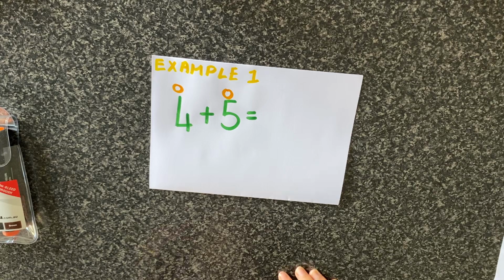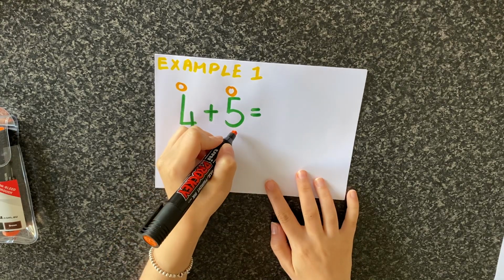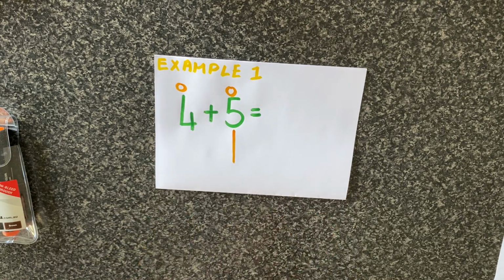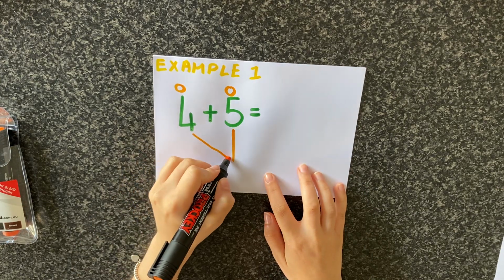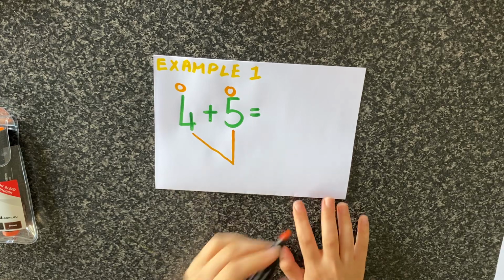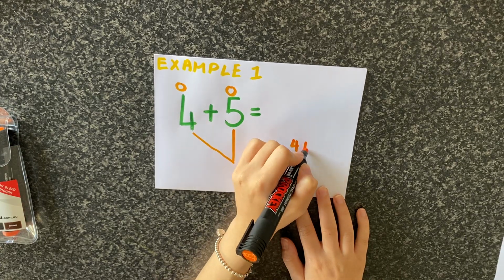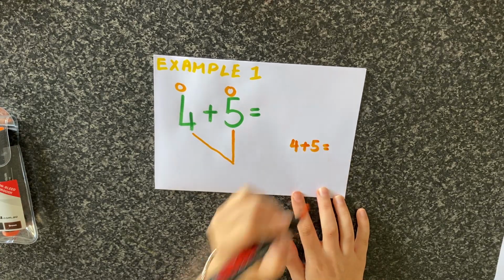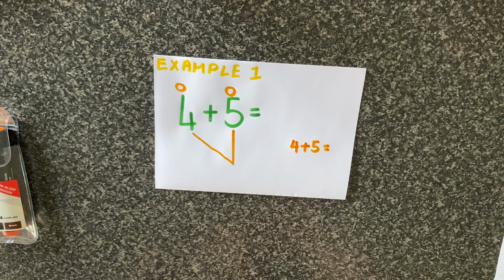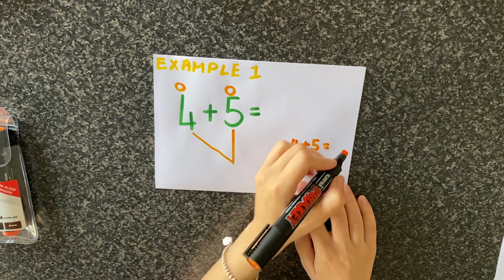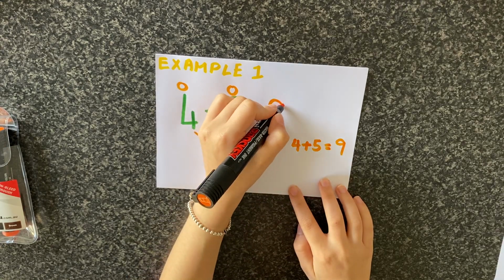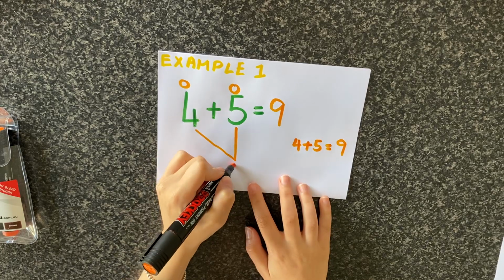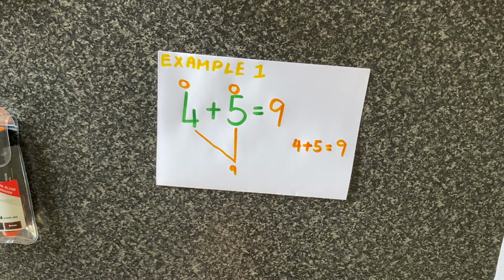I've labeled them both, and I'm going to draw a line straight down from my ones and a line connecting both of my ones together. I've got to do 4 plus 5. Have a think about what 4 plus 5 equals. 9. So the answer for this sum is 9.